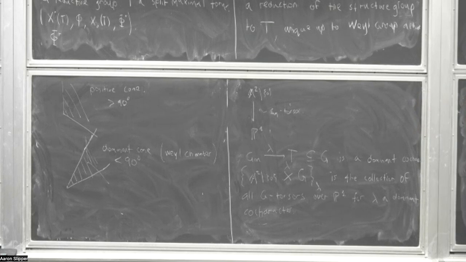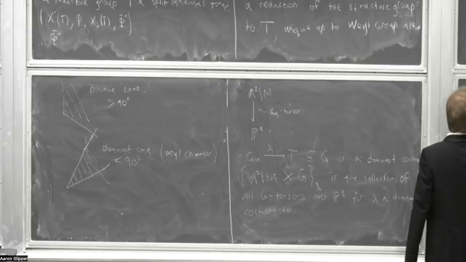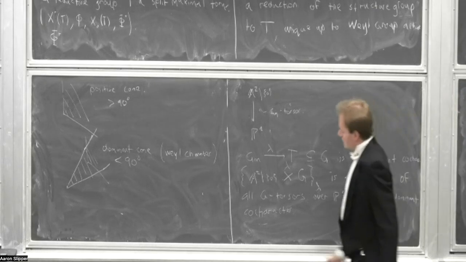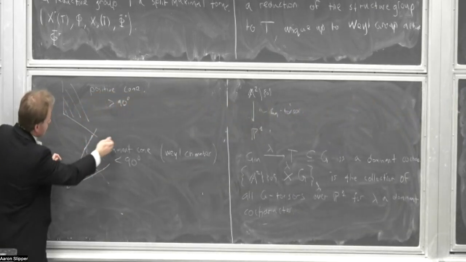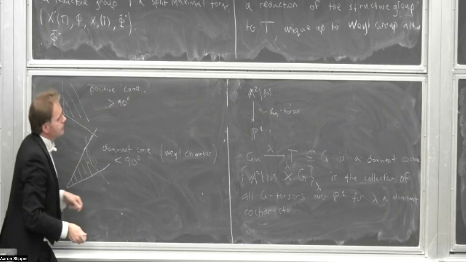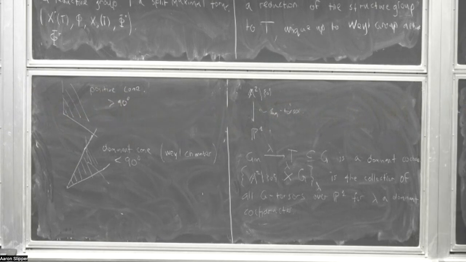We say that the point E mu is in the closure of the point E lambda in this stack if and only if mu is bigger than lambda, i.e. mu minus lambda is in the positive cone.